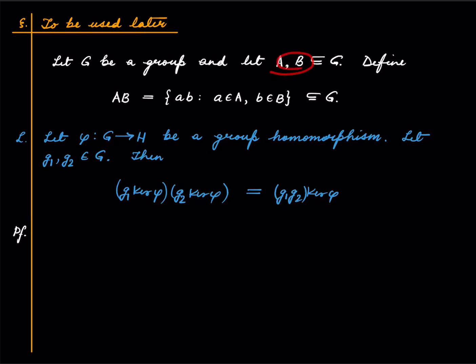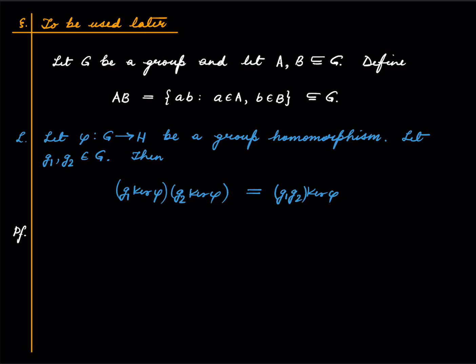We are not assuming they are finite, but if they are finite, we would typically expect at least that the size would be of this sort. But in this special case where you have A and B as cosets of kernel, the size is not getting multiplied. The size of this is same as the size of that. So it's interesting.